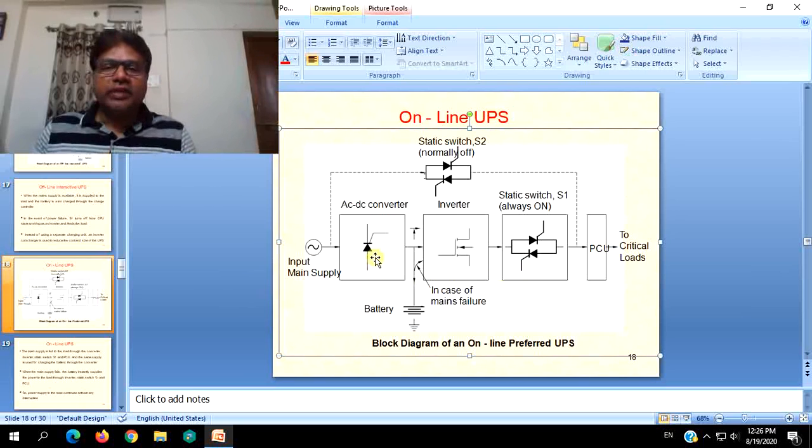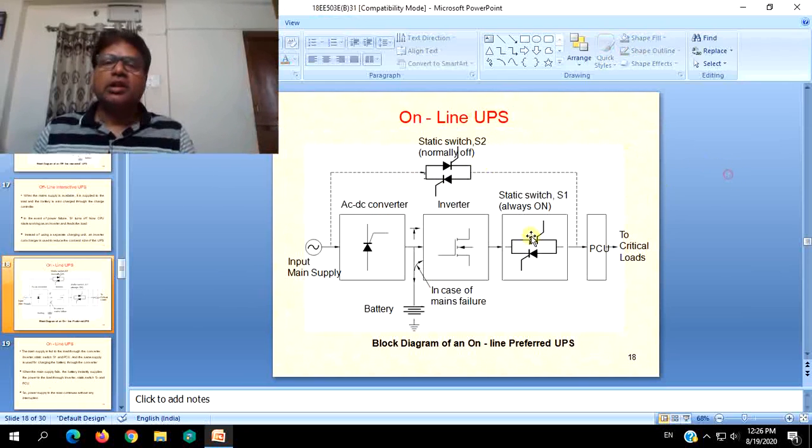That is, when this intermediate source fails, then supply will be fed directly to the load as it is via S2. So this is not for normal operation. For all modes of operation, supply is fed to the load via the inverter unit only. So irrespective of whether the supply is on or off, it follows this path.